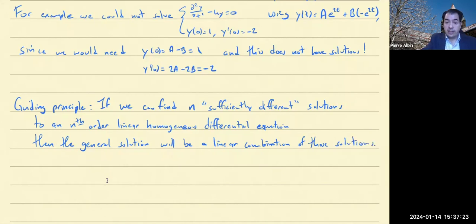So this is just like our two solutions, e to the 2t, e to the minus 2t, for this differential equation, which give us all solutions by taking linear combinations. Our guiding principle is that that should be true in general, right? So we'll talk about that next time.